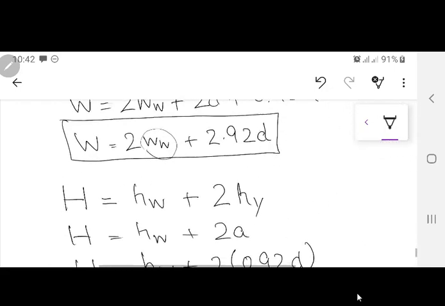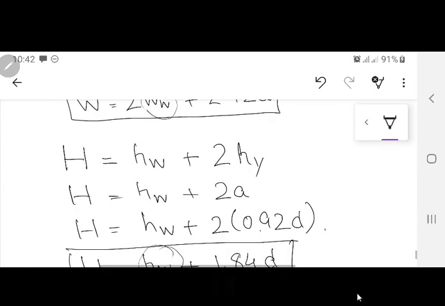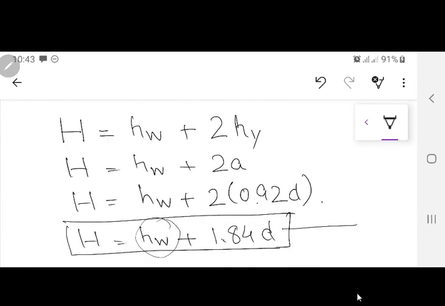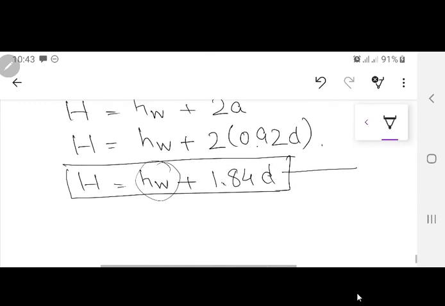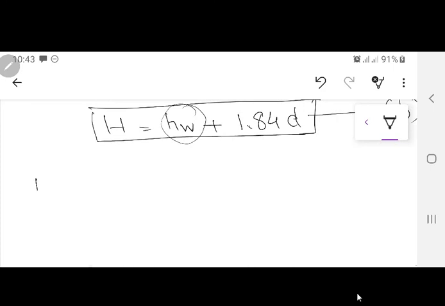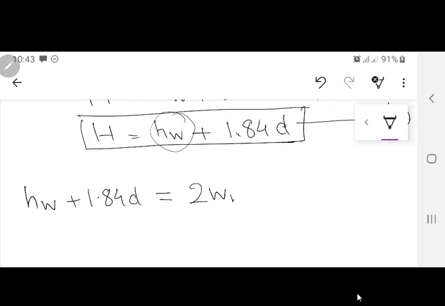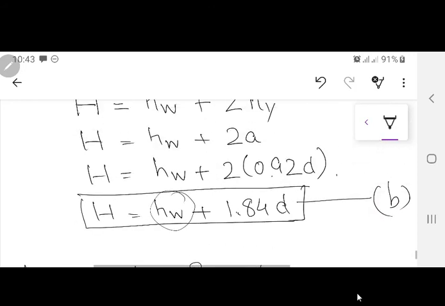One is 2W plus 2.92D, the other one is Hw plus 1.84D, and they both are same. So here I can easily find out that if I write this as equation number B, and this is equation number A, this is going to be height of the window plus 1.84D equal to 2 times the window width plus 2.92D. I have this equation.